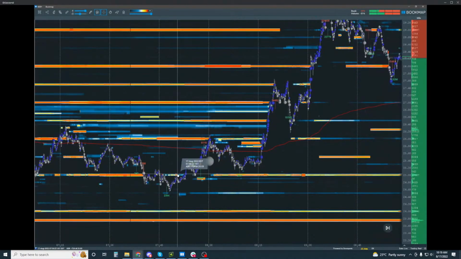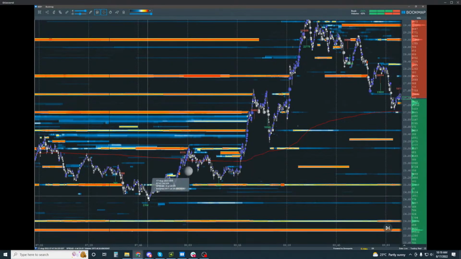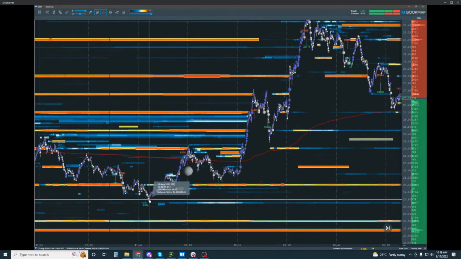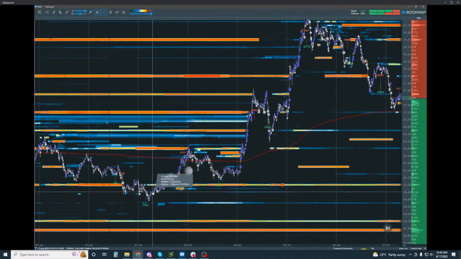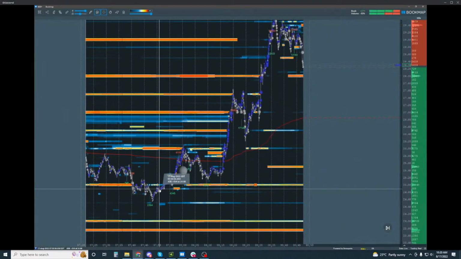Okay. So very early today, we had a dip into this area of 24.60, 24.50. I will share also the chart with the candles to understand. But I would like you to start looking over here at this pattern.